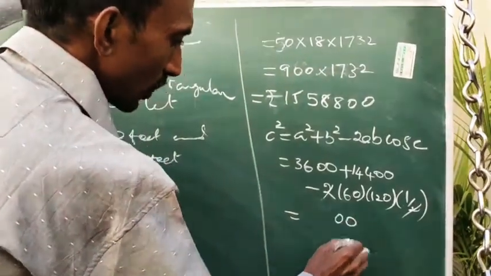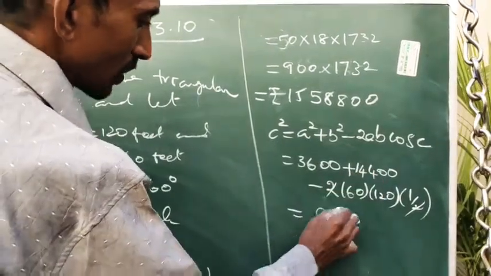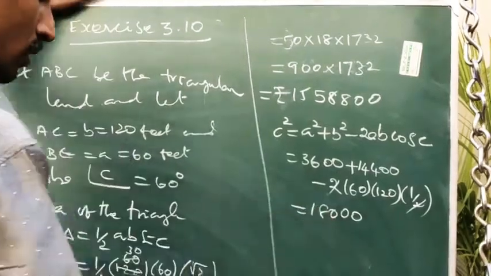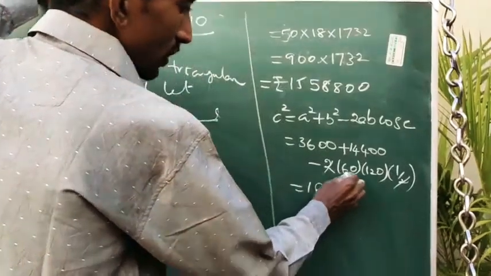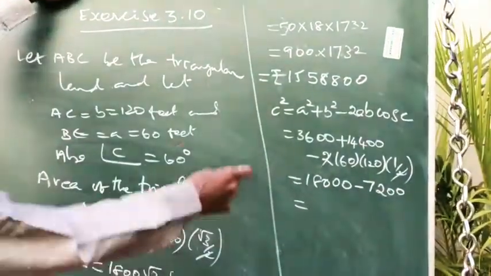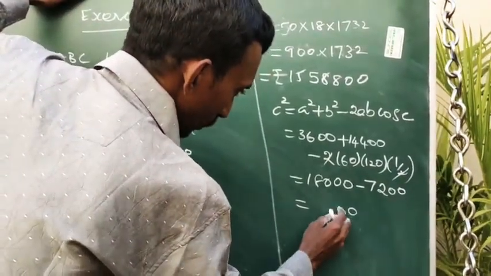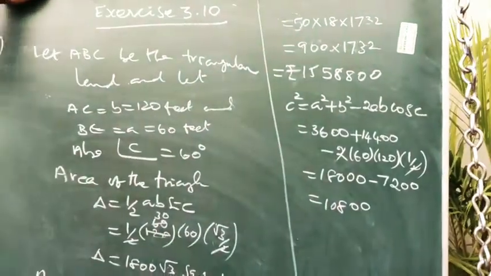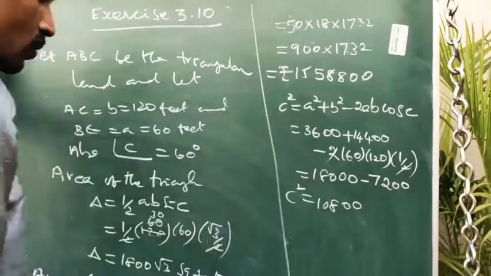So the sum of these two is 18,000, minus 6 12s, which is 7200. If we subtract, we get 10,800. So C square equals 10,800, and we need to find the square root.